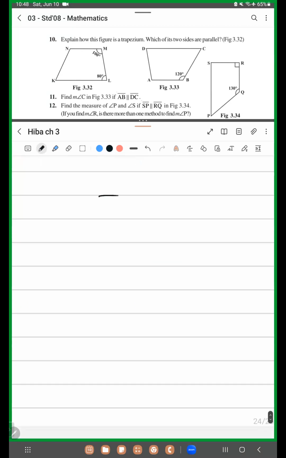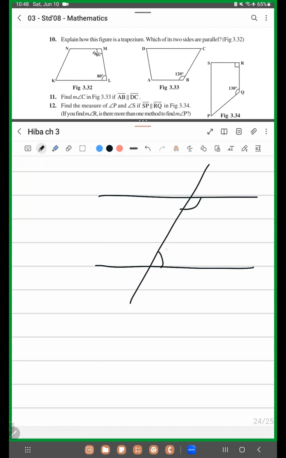Let's take these two parallel lines and this transversal. Now we know that alternate interior angles are equal. So these two pink angles are alternate interior angles, and they are going to be equal.